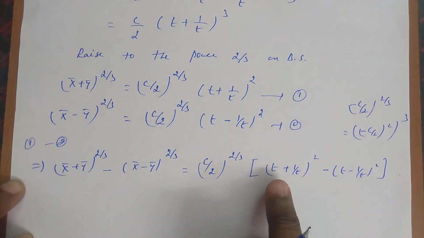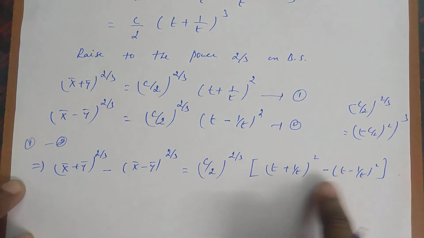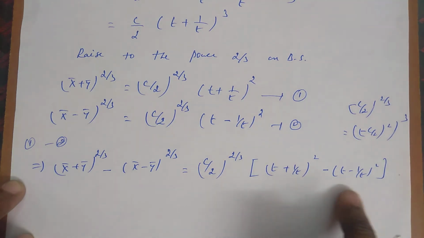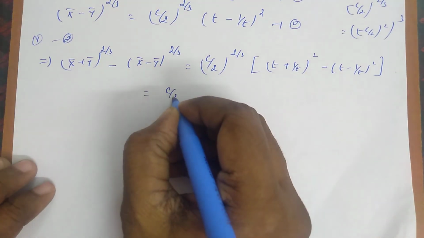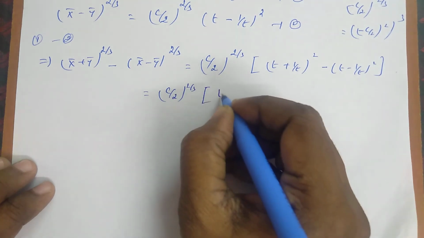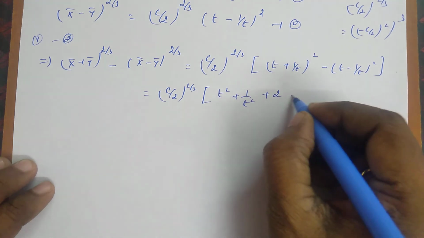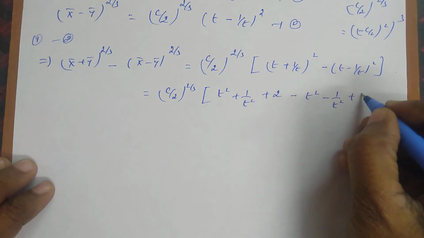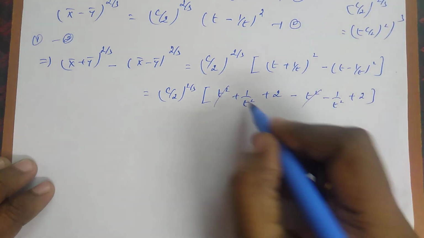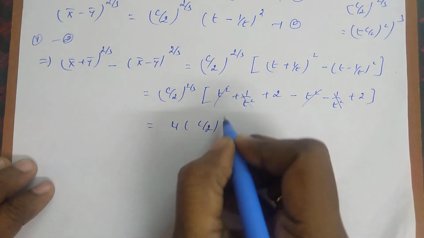When expanding, we get a square plus b square plus 2ab, and here it is minus 2ab, and minus into minus becomes 4ab. That is why here we get only the number 4. That is c by 2 power 2 by 3 into t square plus 1 by t square plus 2, and here it is minus t square minus 1 by t square, minus into minus plus. So we can cancel the terms and only 4 remains. So 4 into c by 2 power 2 by 3.